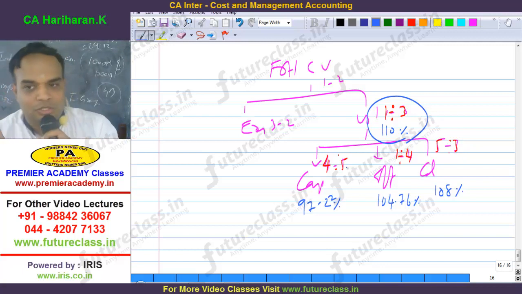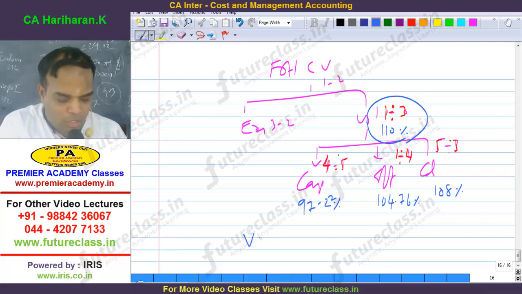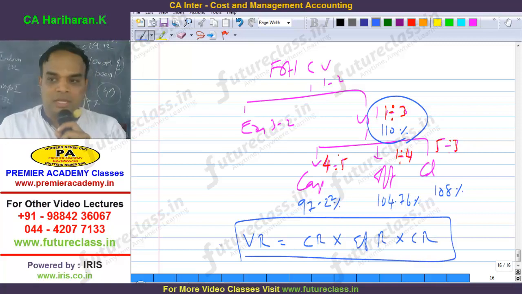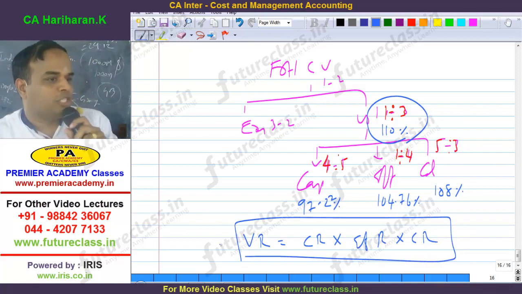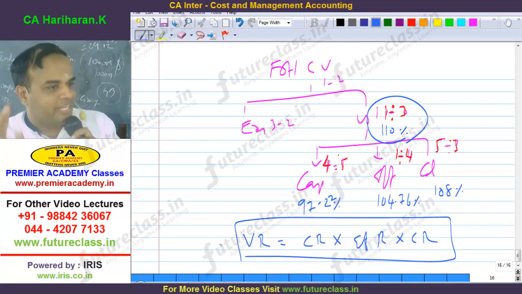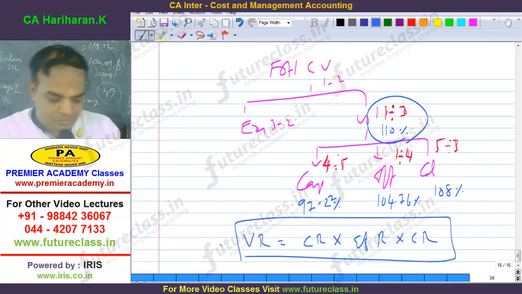Understood or not? So, volume ratio is equal to capacity ratio into efficiency ratio into calendar ratio. Many occasions they ask a 2 mark question or 3 mark question. Listen here, first concentrate. Don't copy.